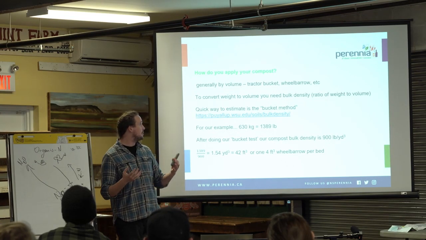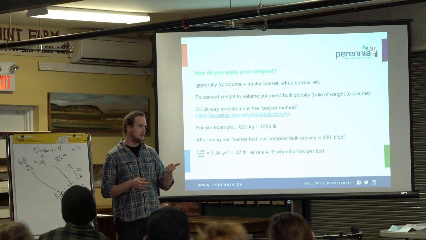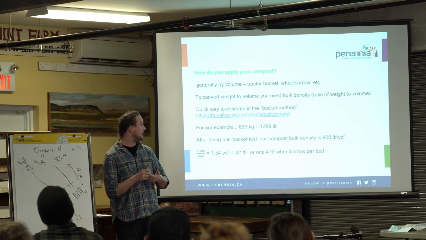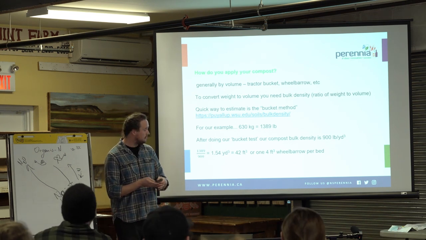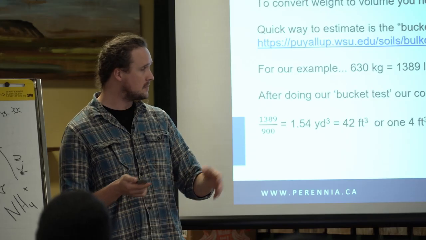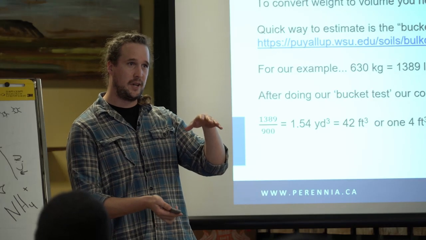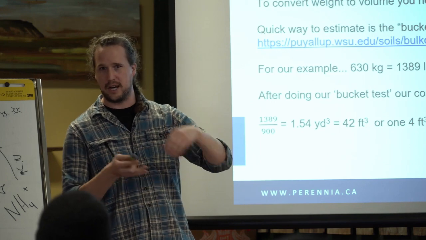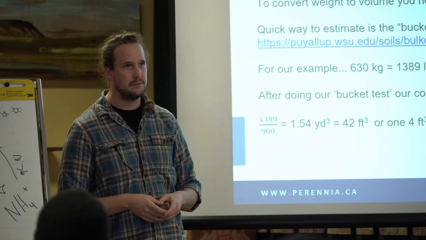This is a very basic example, but it tells you how much compost you need to apply by volume. The other fertilizers you're generally going to apply by weight. Fill up a bucket, and it's going to be 5 kilograms per bed, for example, for the granular fertilizer.